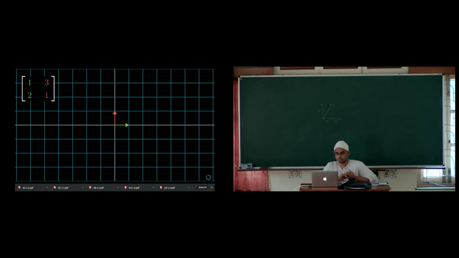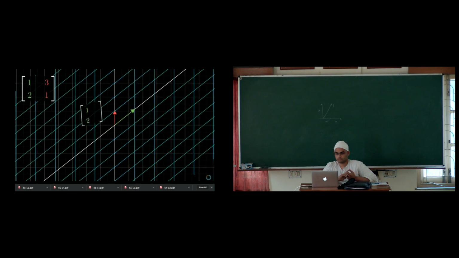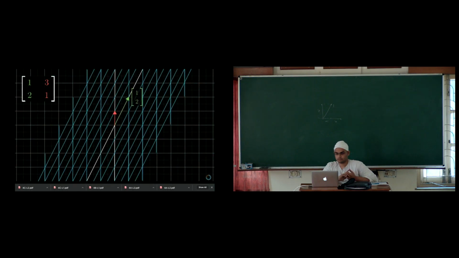One way to do this is to first move i hat to 1, 2, then move j hat to 3, 1.